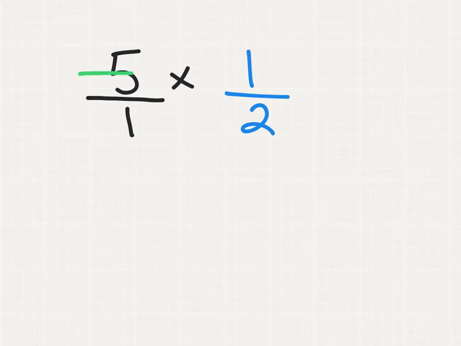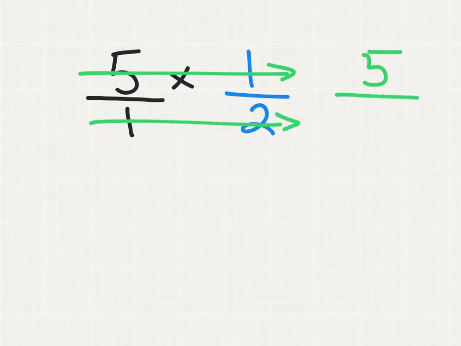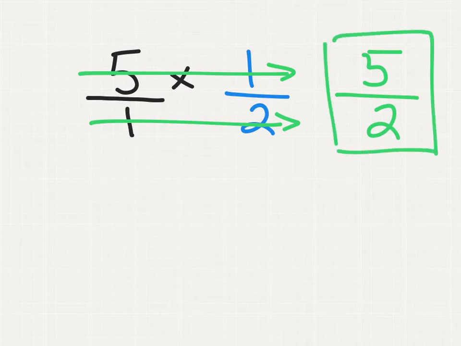Once I've done that, I multiply my fractions by simply multiplying across the numerators and then across the denominators, leaving me with a product of 5/2. Now in this case, I have what's called an improper fraction.